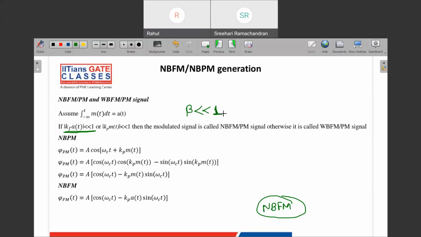In the case of narrowband FM, there are some approximations that we can use, and once we have those approximations, we can try to design a circuit which can mimic them.